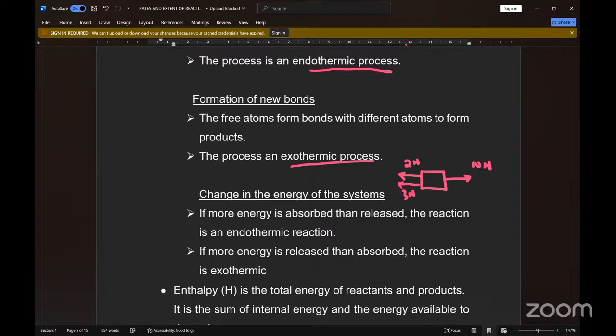The net force, or the resultant force, is going to be the bigger force minus the two smaller forces, 2 plus 3. So this gives you 10 minus 5, and that gives you what? 5 newtons.